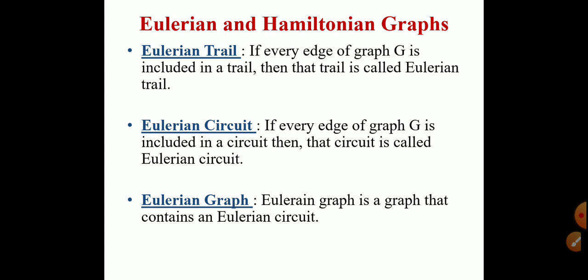Eulerian circuit means a circuit which contains all the edges of the graph. If that trail or circuit contains all the edges of that graph, then this graph is called an Eulerian graph.